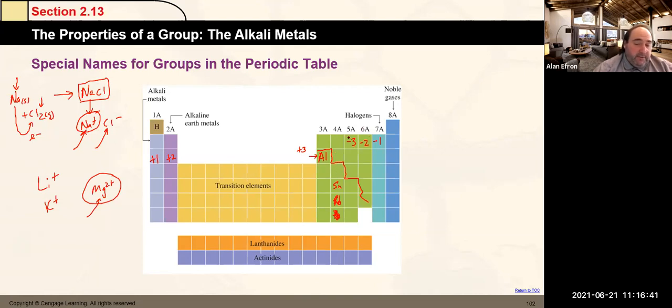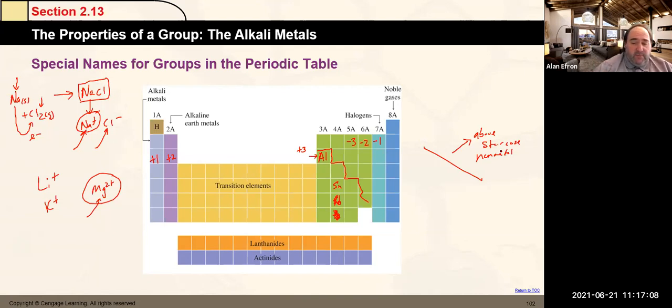It's important to note that when we talk about -3, -2, and -1, we're talking above the staircase, in our non-metal region. If you go to the staircase or below it, you're dealing with metalloids and metals, so they would not be negative, especially the metals.